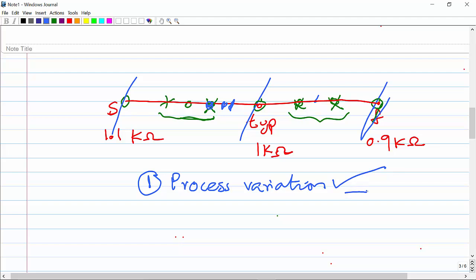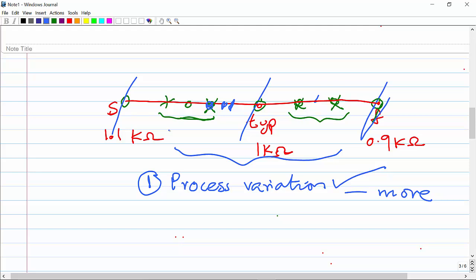If we run more simulations, we can cover almost all the area between these two extreme points. The more simulations we run, the more samples we get along this line. We started with the example of the resistor, and this is equally applicable to any device, whether it is a capacitor or a MOSFET.